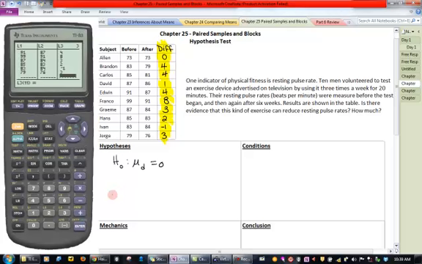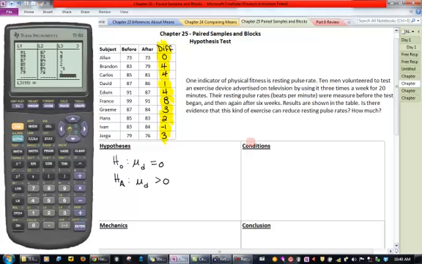So this exercise device is really doing nothing. And then the alternative is that the mean difference is greater than 0. Greater than 0 because we did L1 minus L2. Okay, so we are expecting that the second one, L2, is less than L1, so we expect our differences to be positive.